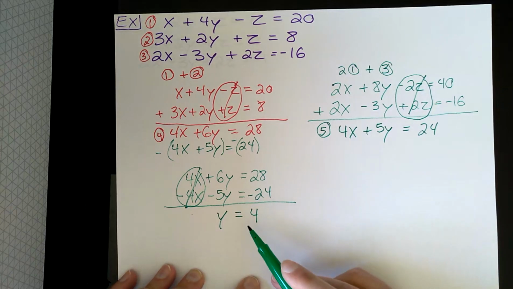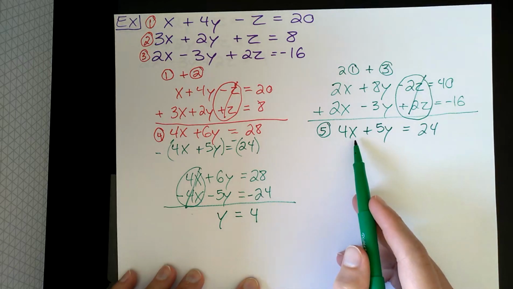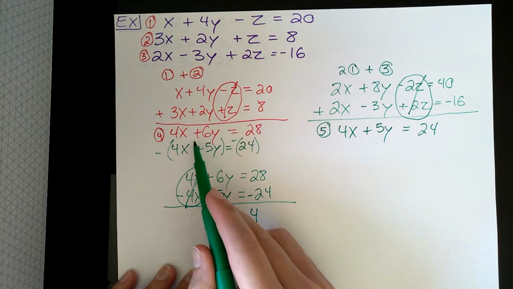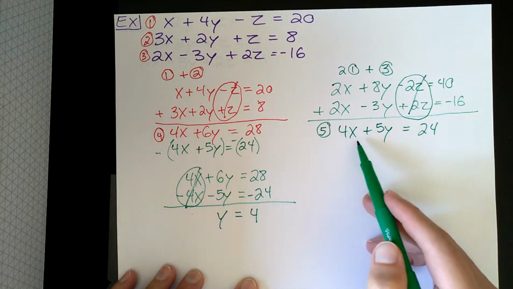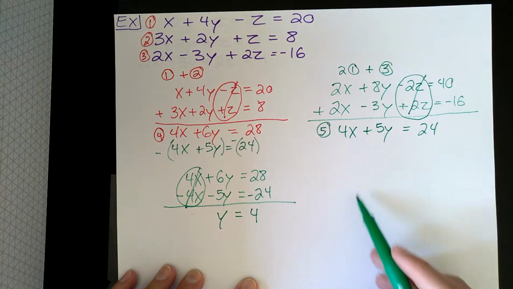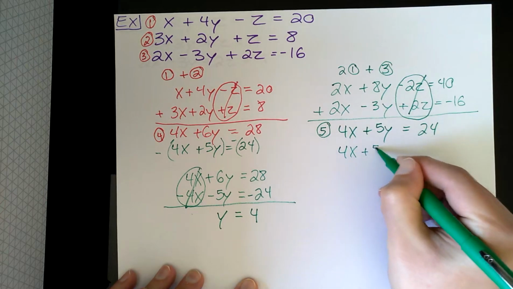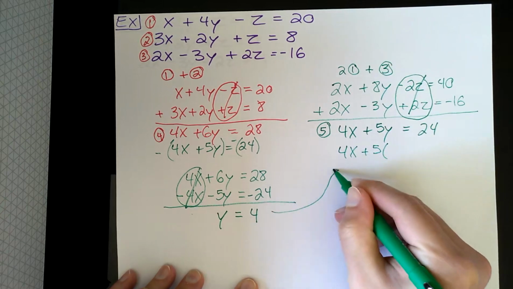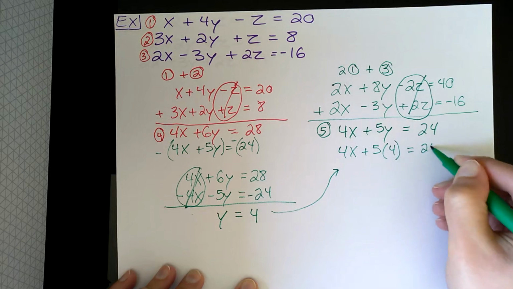So we now know what y value solves this equation. y equals 4. Now we use that to find the x value. We can use either equation 5 or equation 4 to find the x value. I'm just going to go ahead and use equation 5 since I have space underneath it. So we have 4x plus 5 times 4, we're plugging in 4 for y, equals 24.